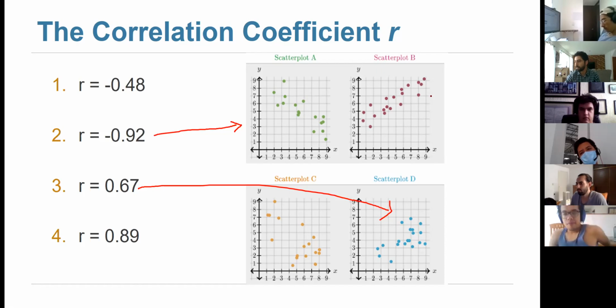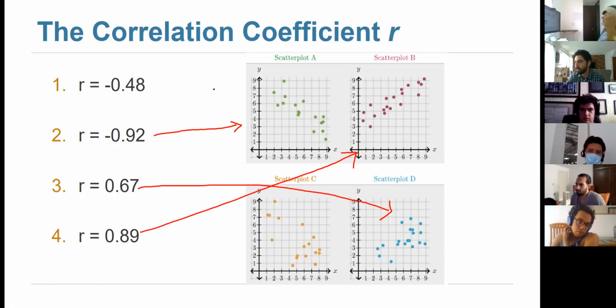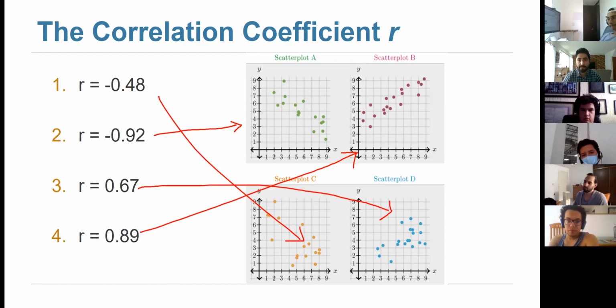There are 2 positive, which is like a straight up line, so there is more correlation here. The higher value belongs to this, the lower value belongs to this, and as Juan Salvador said, there's a minus 2 relationship. This one belongs to this because there is a correlation, but not that strong. That's why it's a lower number. Perfect.